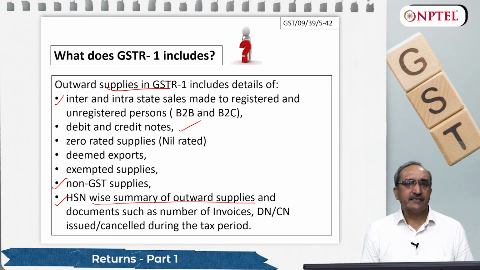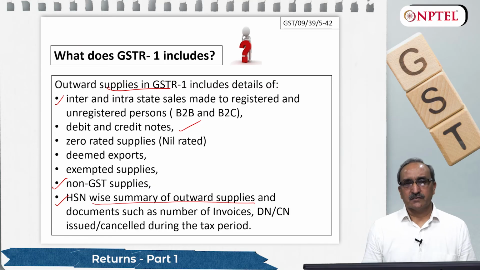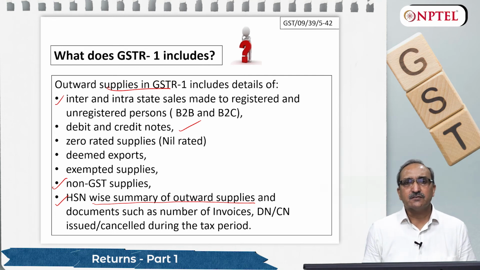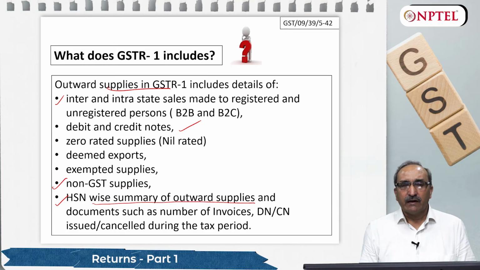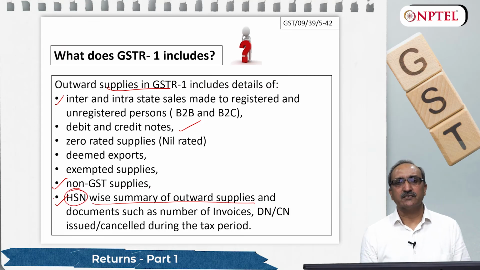So to facilitate trade world over, every product across the globe has been codified. This code is known as HSN, Harmonized System Numbering. A code is given to each and every product. So this is the HSN number.